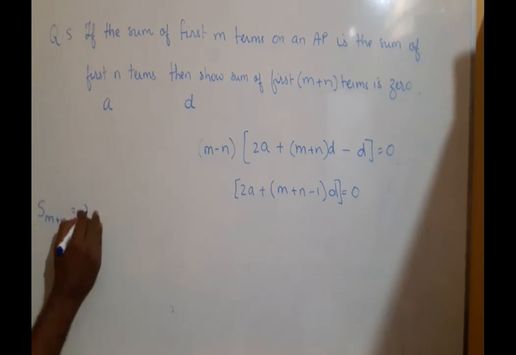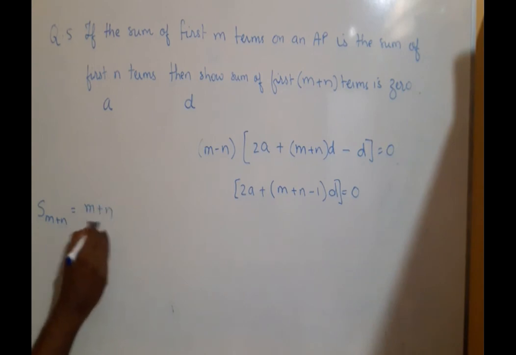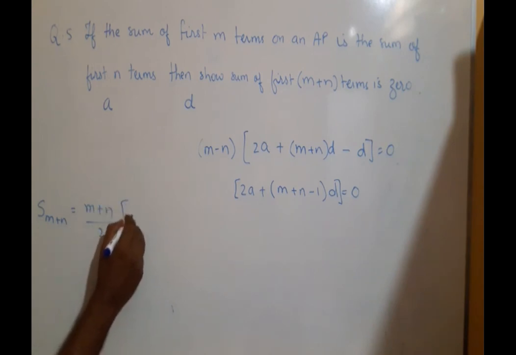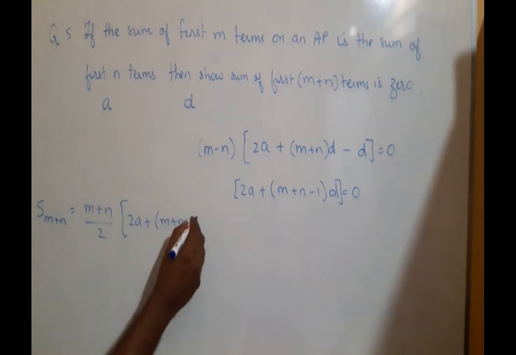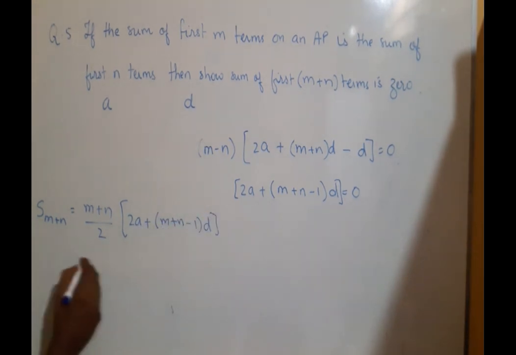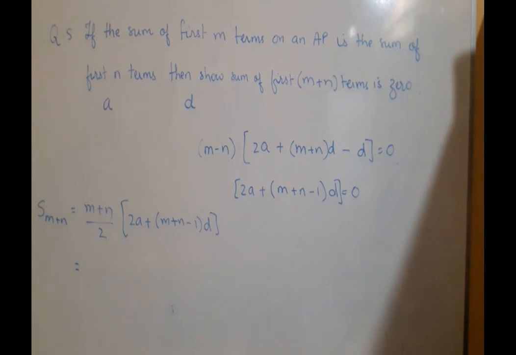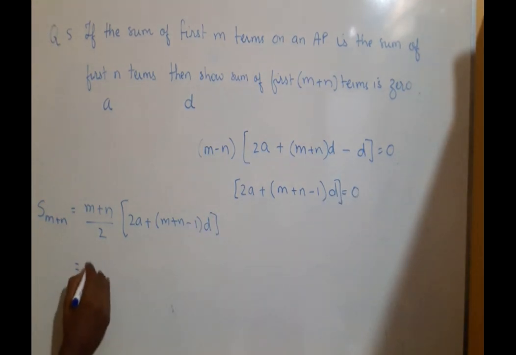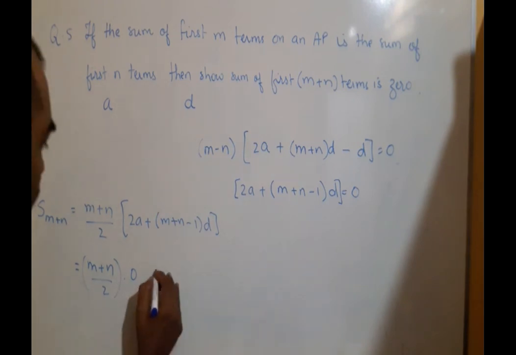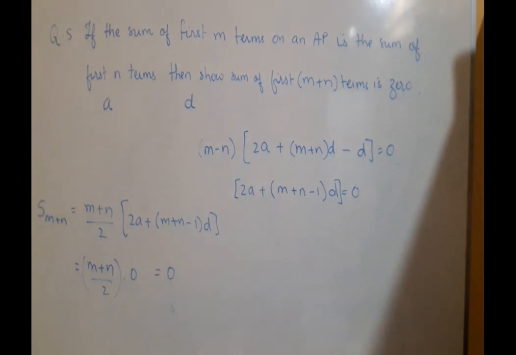What is the formula? We'll write m plus n upon 2, 2a plus m plus n minus 1 d. This is what we had to find. But what you can see here, this term is 0. So we have m plus n upon 2 into 0. So anything into 0 is 0, and we have got the answer 0.